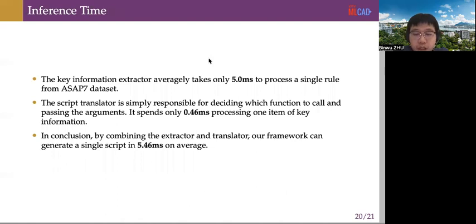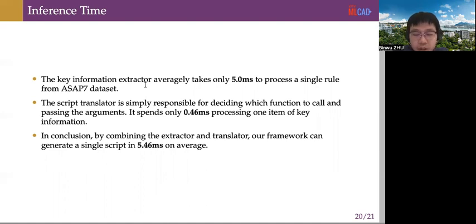In addition to the static accuracy, our flow also shows superior efficiency. According to the experimental results, our model averagely takes only 5 milliseconds to process a single rule. As for the translator, since it is simply responsible for deciding which function to call and passing the extracted key information to the function, the translation process is also highly efficient.